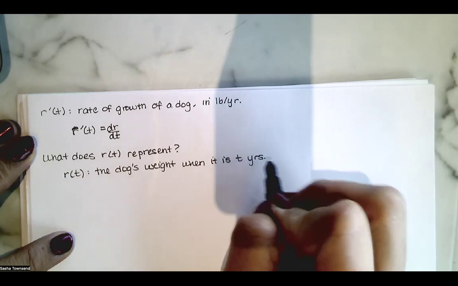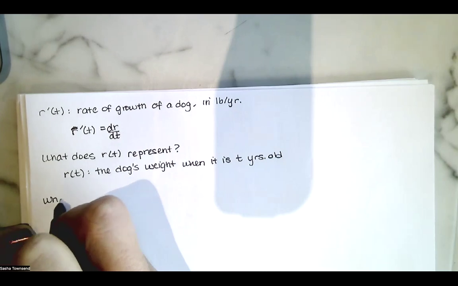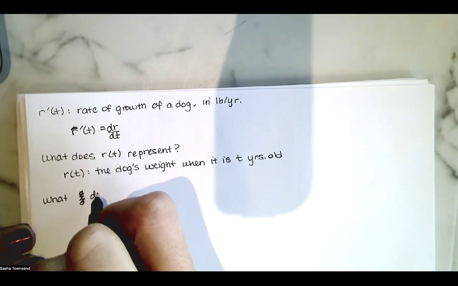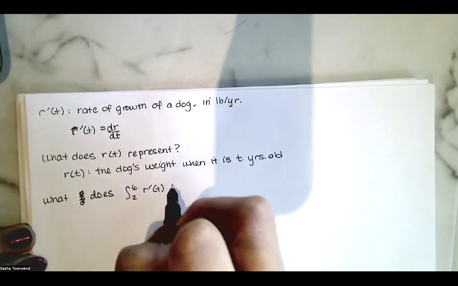You say, okay, well then, what about this? What does the integral from 2 to 6 of r prime of t represent?